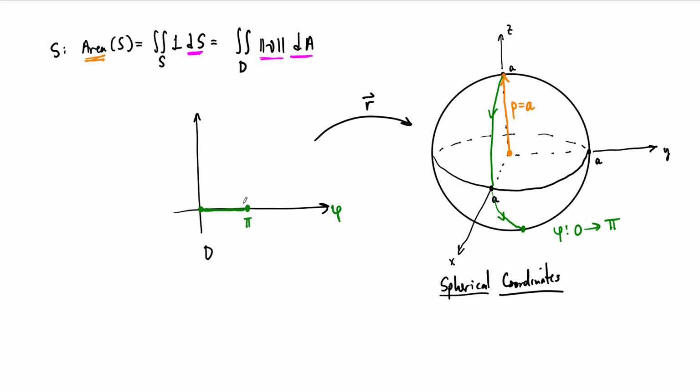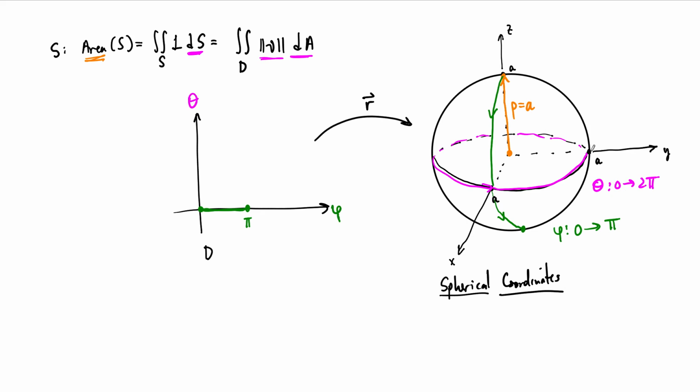That's going to trace out this arc segment. Once we have the arc, we need to fill out the sphere. How are we going to do that? We take this arc and we rotate it around in the xy-plane direction, and there's our angle theta. This one varies from 0 to 2 pi, and that is our second parameter.